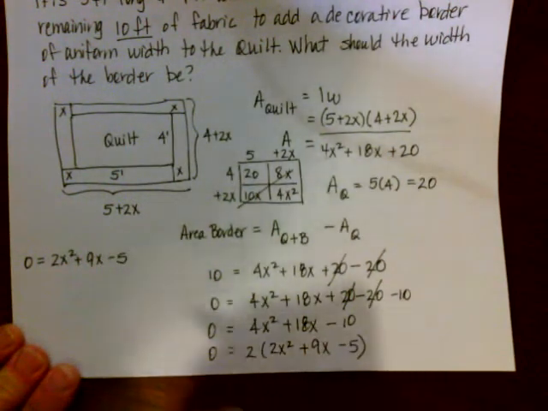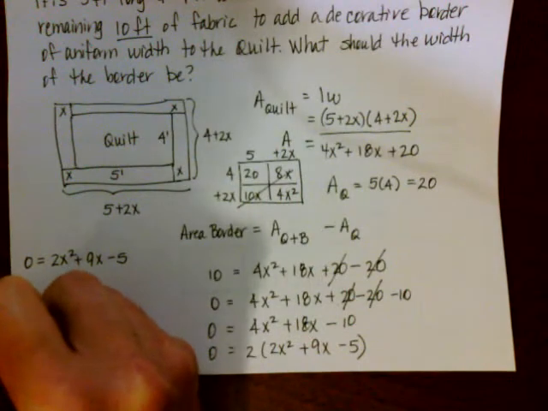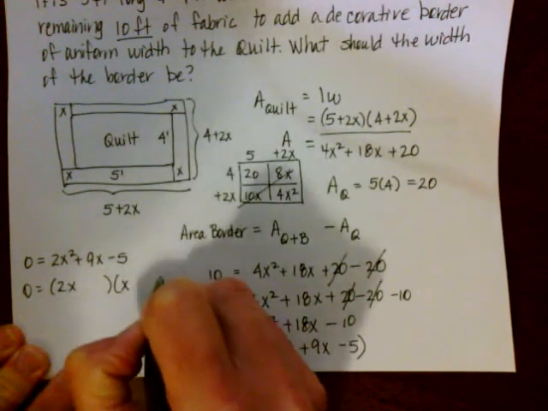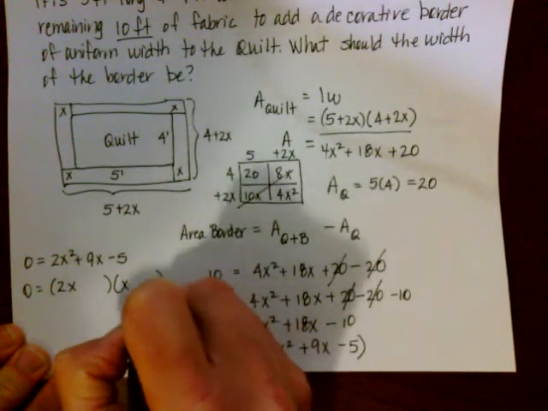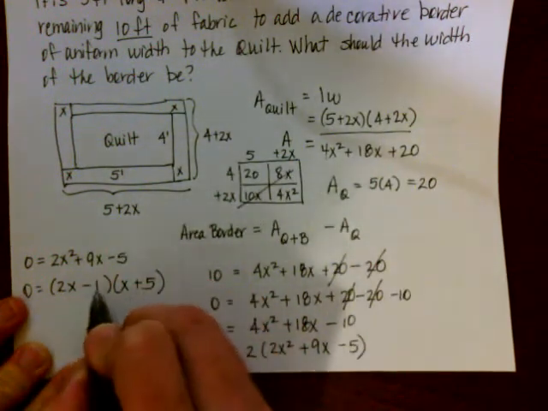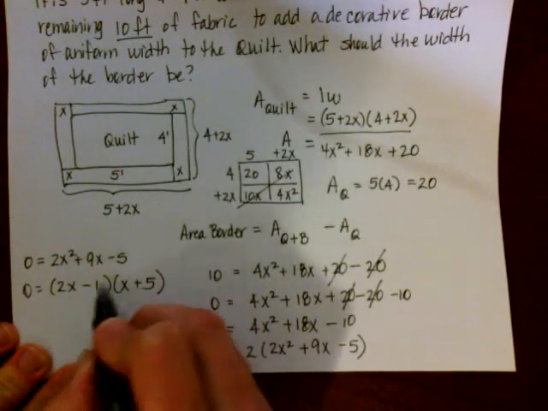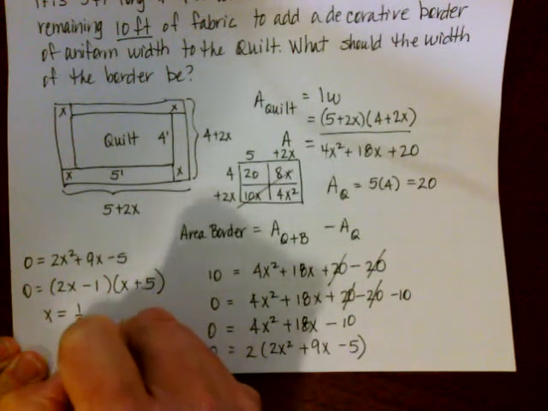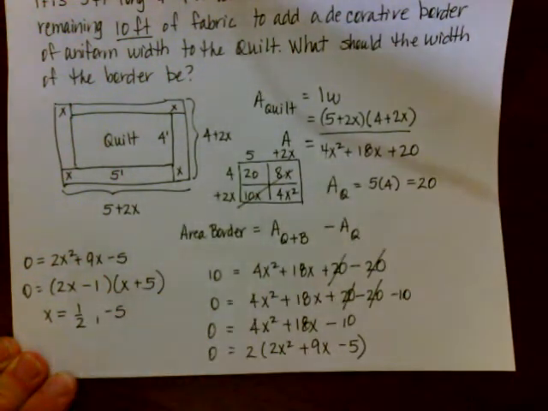Now for those of you that are good at guess and test, I'm going to do guess and test. I'm going to write my 2x and my x, and if I put my positive 5 here and my negative 1, I get 10 minus 1 is 9, and that gives me my 5. So I get x is equal to a half and a negative 5.